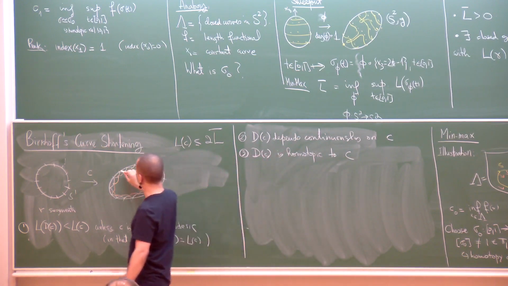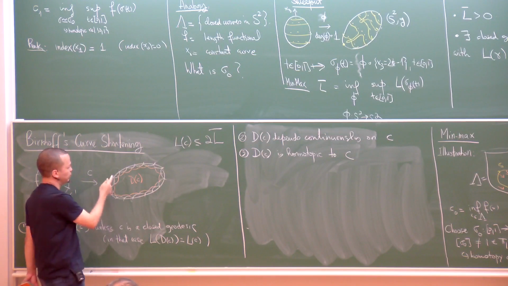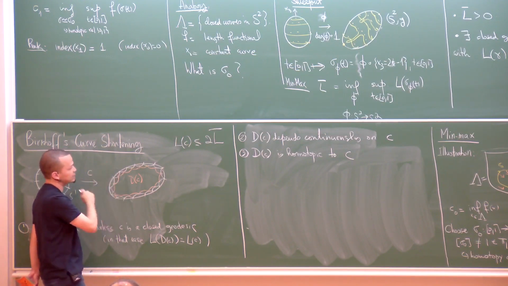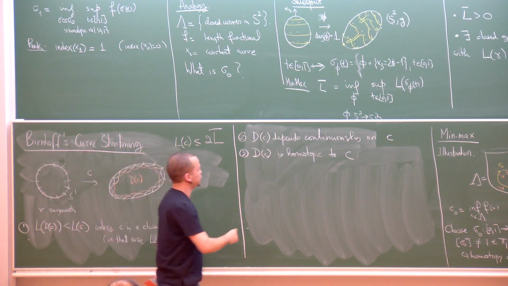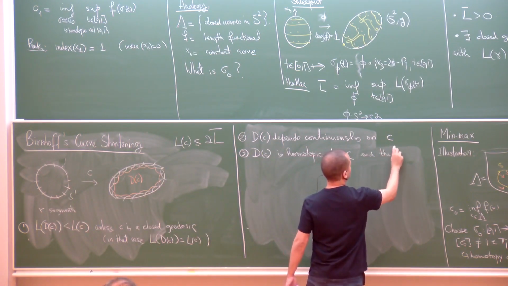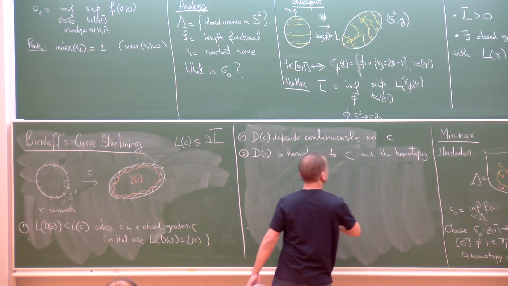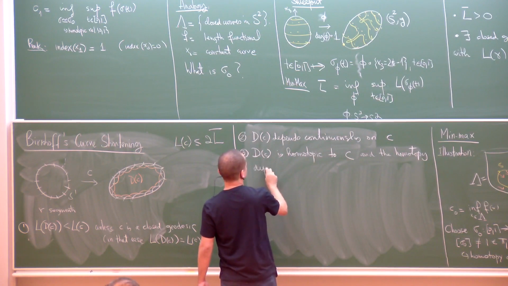Because the change locally, everything is changing in a convex ball, so I can always connect the two curves by geodesics. So D of C is homotopic to C, and the homotopy also depends continuously on C.